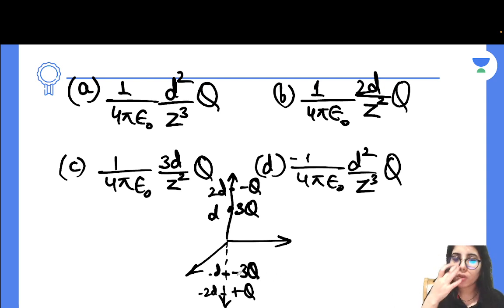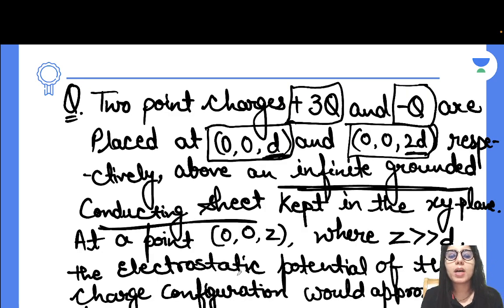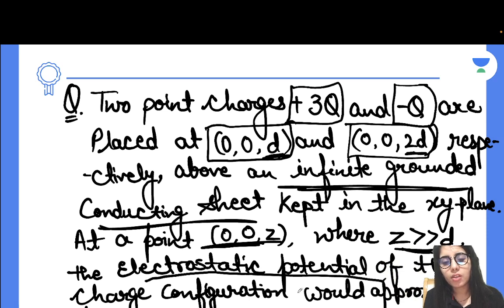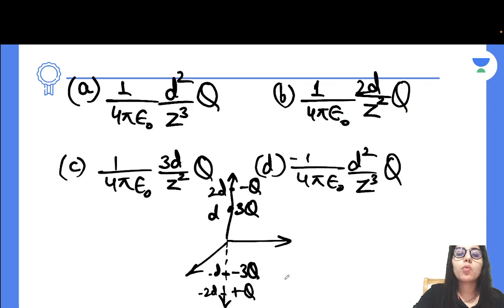Now when you have considered their image charges, this is the whole system you will have. What they have asked you to find, they are saying where z is very much greater than d. So at this point somewhere we will have z very much greater than d, means it will be somewhere at a different distance, right? Now electrostatic potential of this charge configuration would approximately be what?